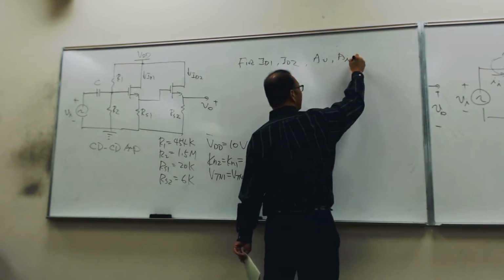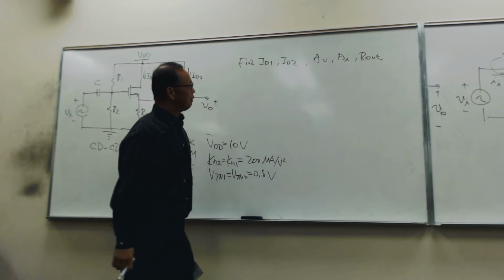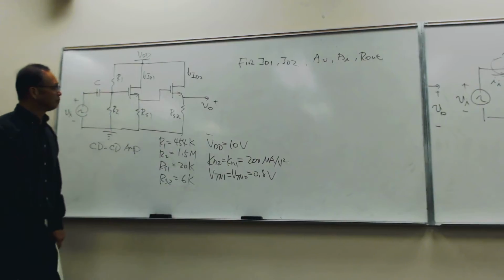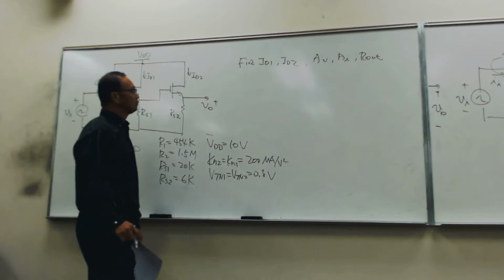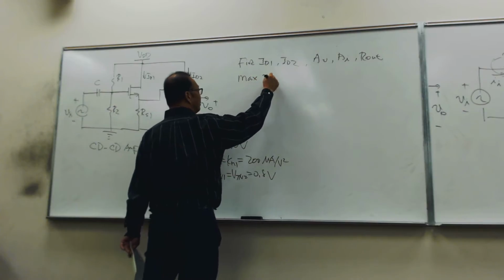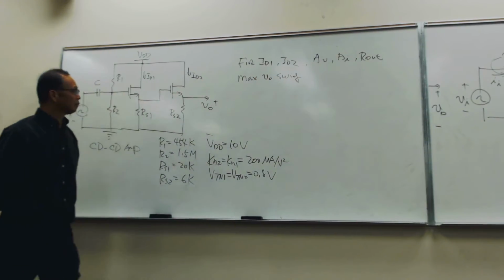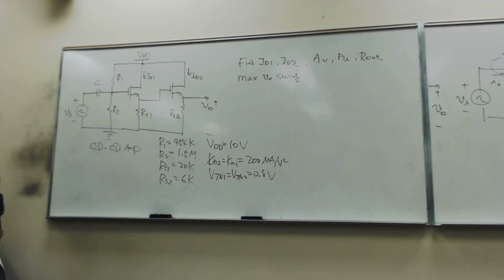Let's try to find the output resistance of the amplifier. And let's try to find the maximum output voltage swing. Good.